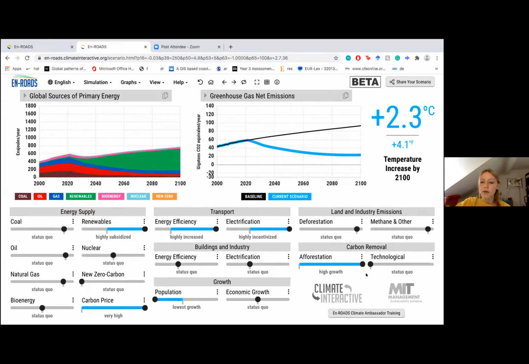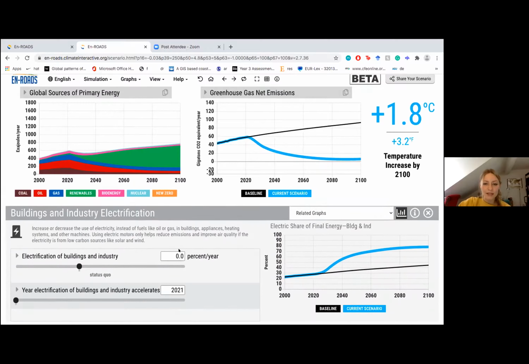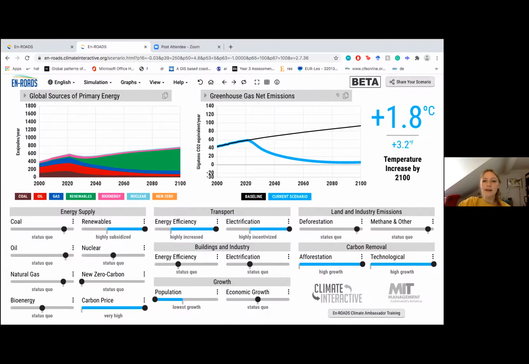When the plants are growing, they draw in CO2 from the atmosphere, so they remove it from the atmosphere, and then when you burn them to produce the energy, if you capture all the carbon dioxide that they produce in burning, you're removing all of the carbon that they had already drawn in. So it's like a negative emission, which is really cool. We could increase that loads, but we're already at 1.8, which is good. You can go into quite a lot of detail with all of these things, which is really fun. But that's pretty much all.